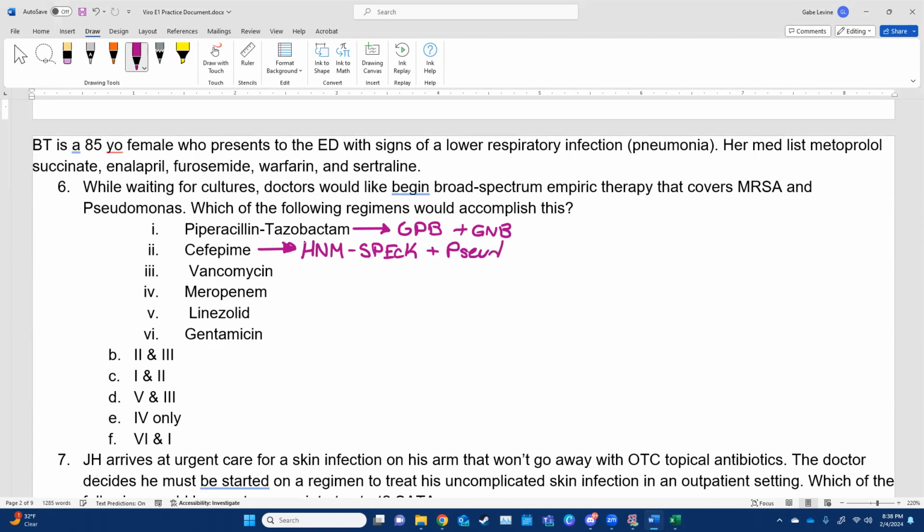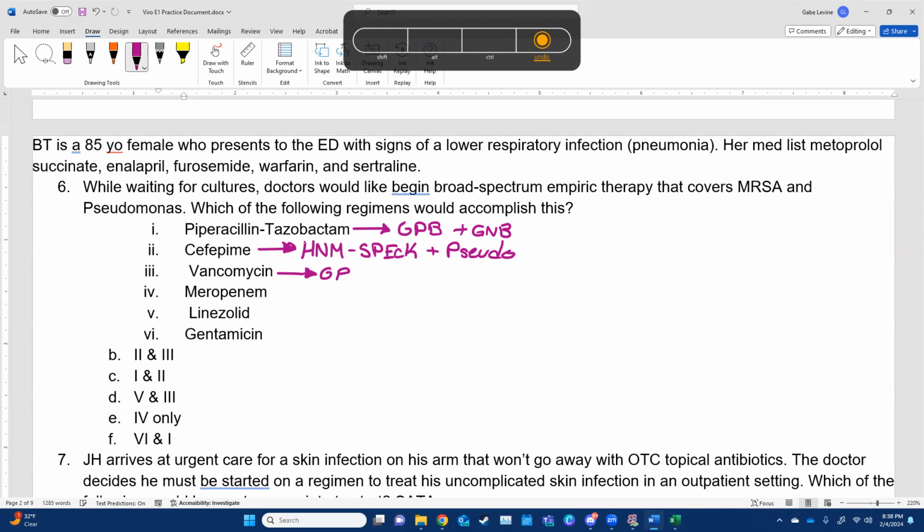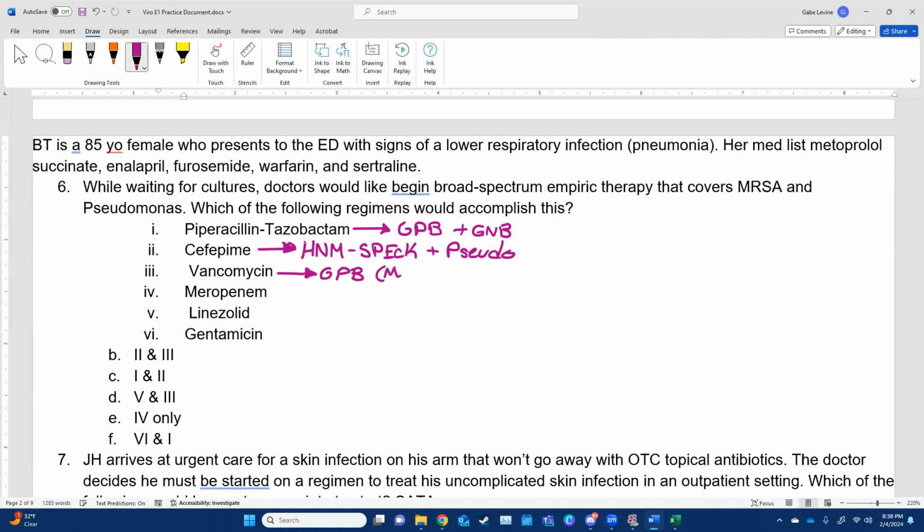So if you remember, third gen and down, we get Pseudomonas coverage. Vanco. What is the utility of using Vanco? Gram-positive coverage, specifically MRSA. No gram-negative coverage.